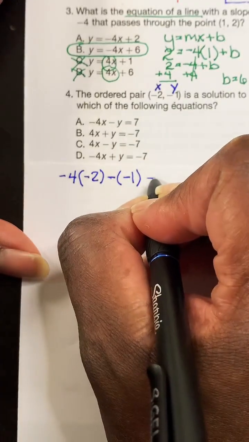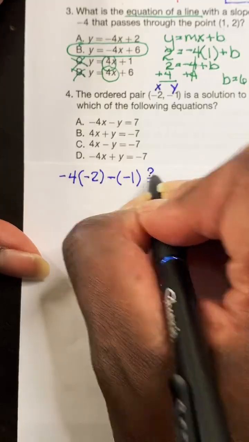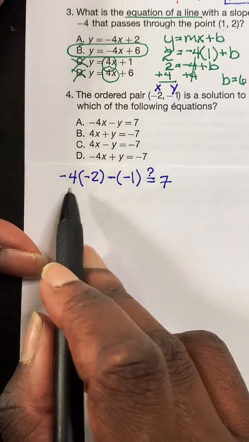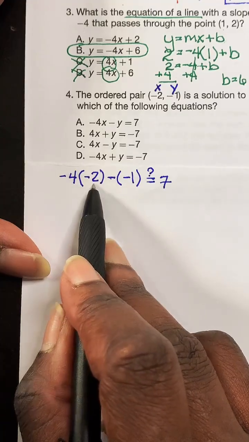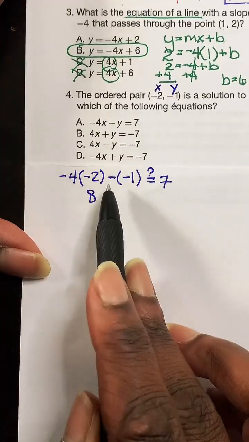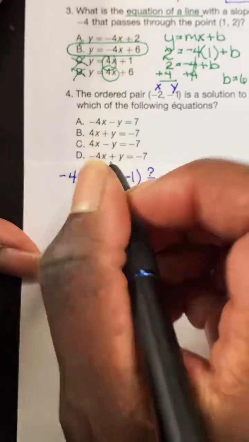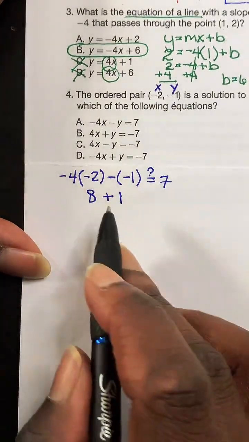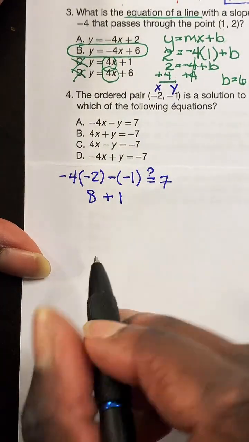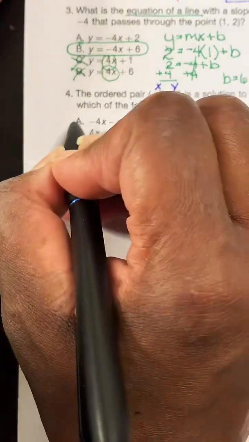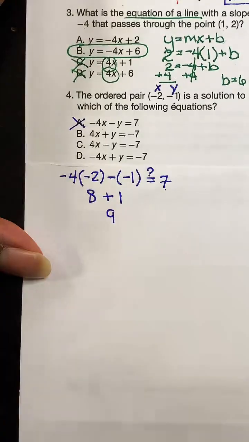And we want to see if it equals 7. Well, -4 times -2, that gives me a +8. And a negative times a negative, that also gives me a positive, but it's a +1. So 8 plus 1, that gives me 9. It doesn't give me a 7. So A is out.